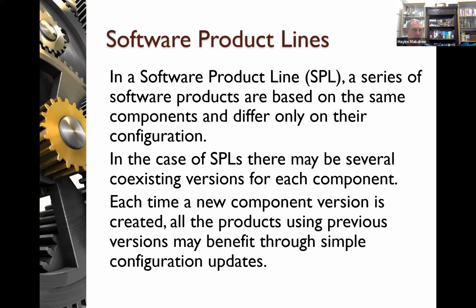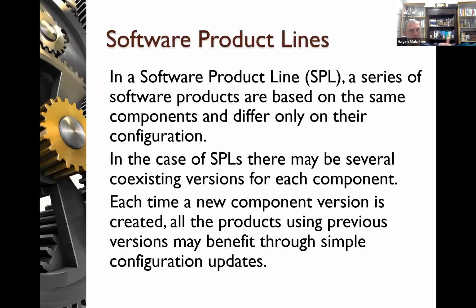And in the software product line, you can have coexisting versions of each component. So you can have one application that is using one version of one component, and another application that is using a different version of the same component.